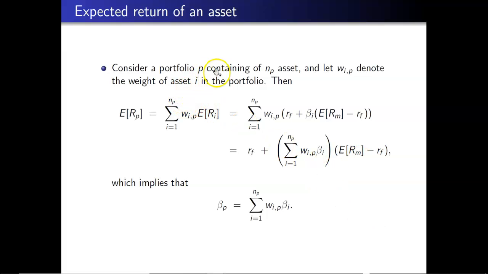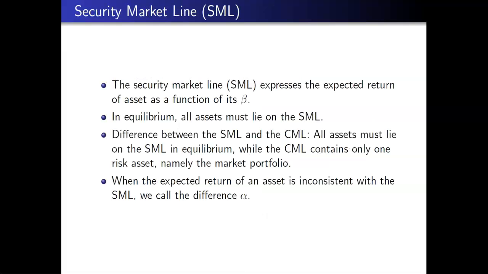If we have a portfolio containing NP assets, it's easy to show that the beta of the portfolio is equal to the weighted average of the betas of all the assets in the portfolio. So this gives us the security market line.